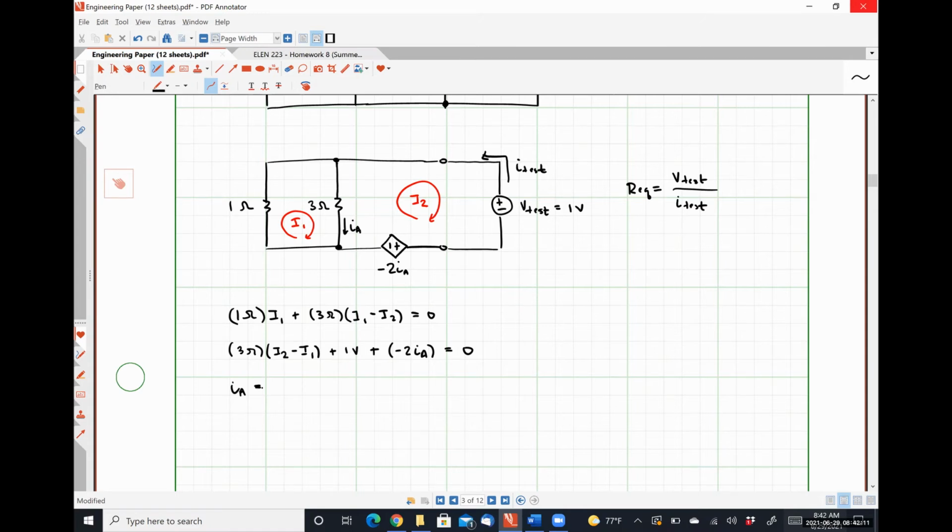I1 is flowing in the same direction, so it gets positive sign. I2 is flowing in the opposite direction, so it gets the negative sign. And I'm going to solve this system for I1, I2, and IA. So I'm using IA as a variable so I can be lazy and not have to do substitution and potentially make a dumb algebraic mistake, because I do that fairly often.